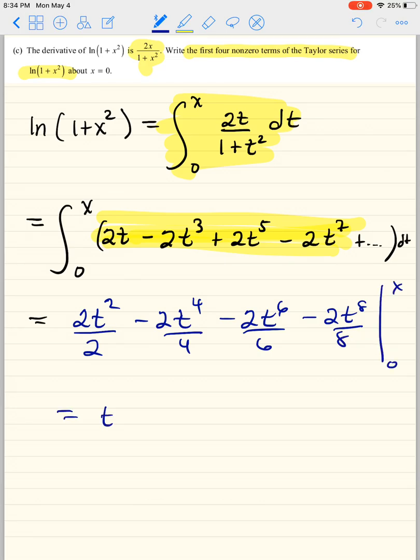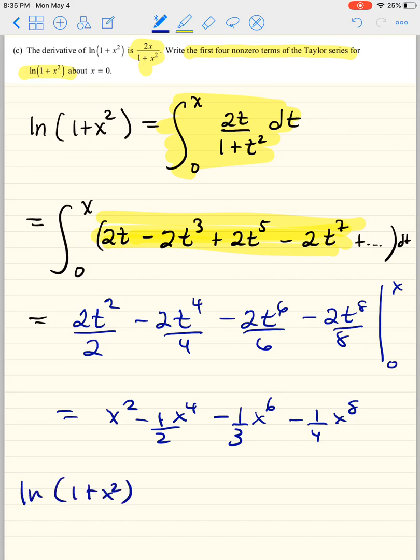And then you're just going to get x squared minus x to the 4th over 2, so 1/2 x to the 4th. We have 1/3 x to the 6th and minus 1/4 x to the 8th. And what that is equal to is basically the natural log of 1 plus x squared.